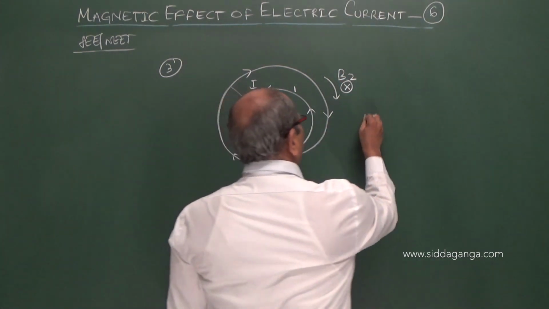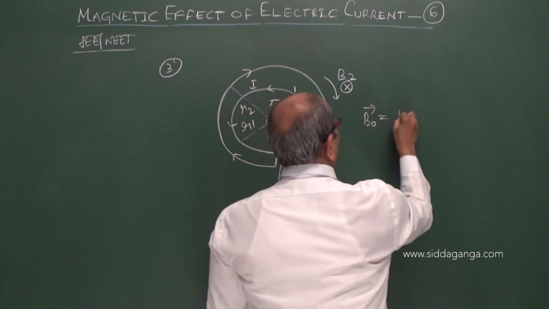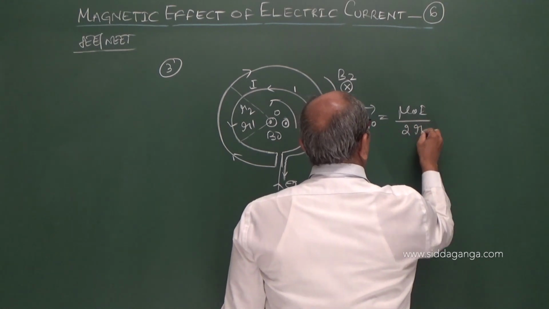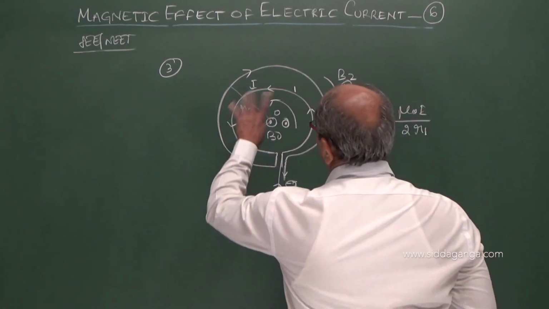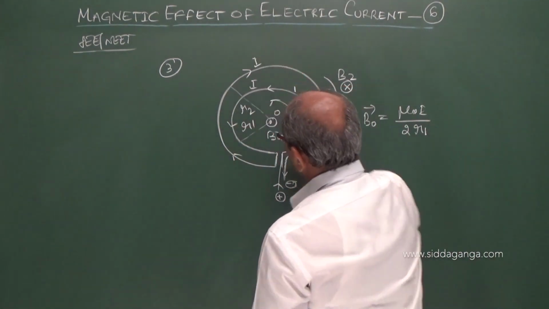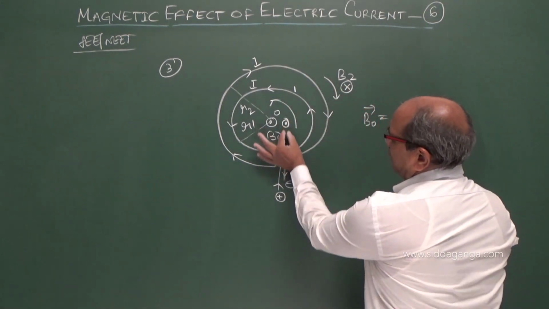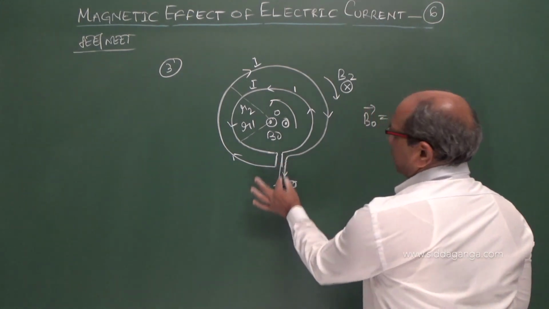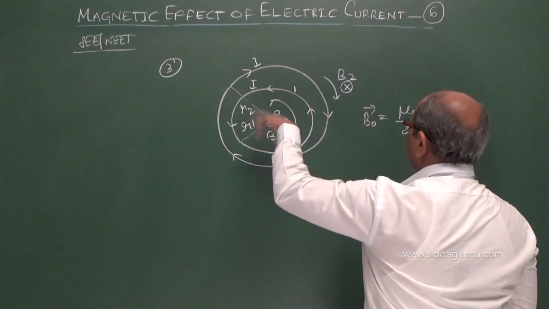How can we write B naught equal to mu naught I by 2R1? Current is the same in both, no changes. The straight line portion is almost in line, so it is not producing any field at all. The straight line portion has no effective field, only the circular part.